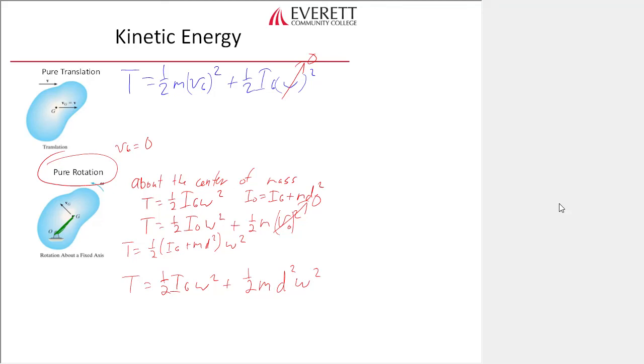We can say that the velocity of the center of mass is going to be equal to r omega, where r in this case is equal to d, because that's the distance between those two axes. So if I square this, vG squared is equal to d squared omega squared. So we're back to our original equation. So you can see that parallel axis theorem fits right into kinetic energy. It's amazing when math works.